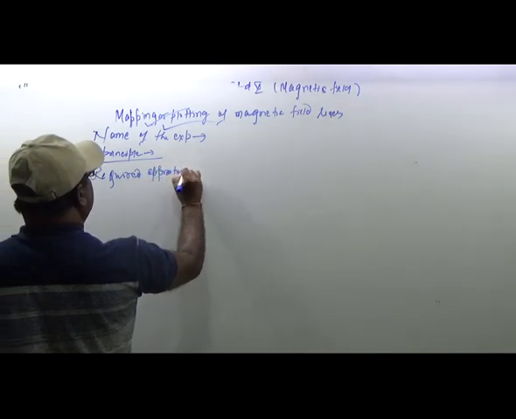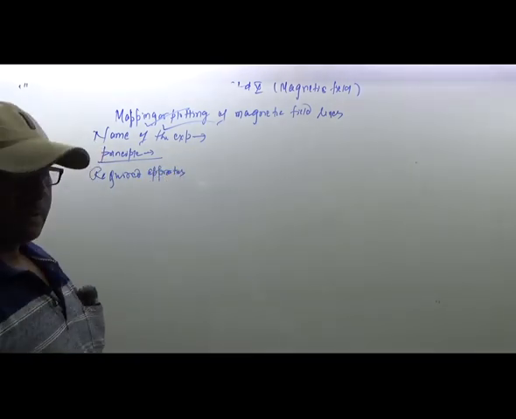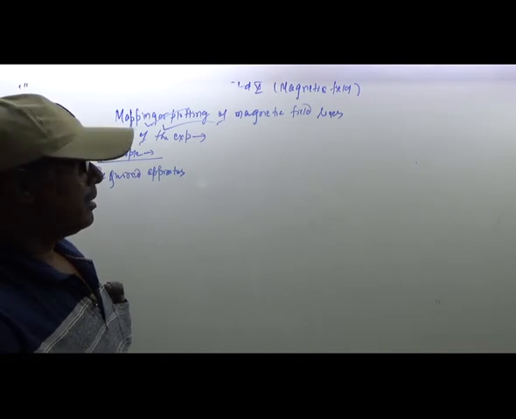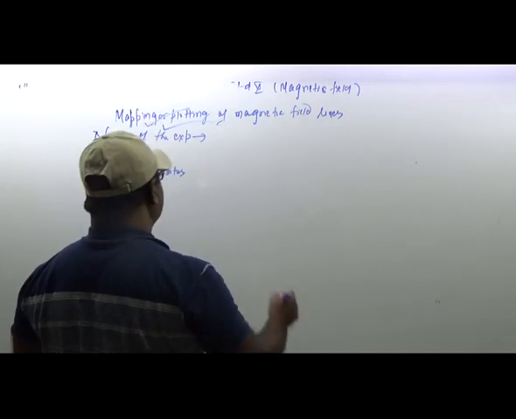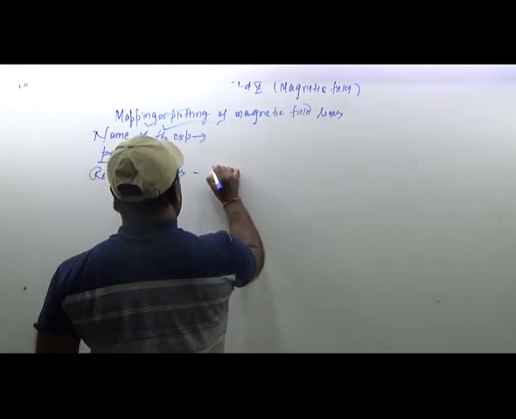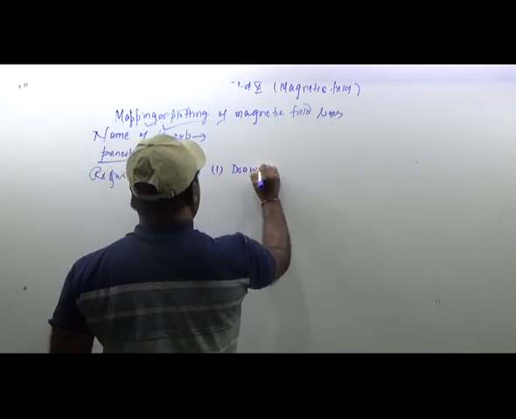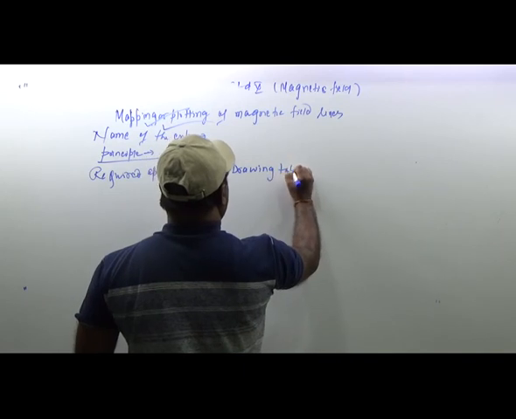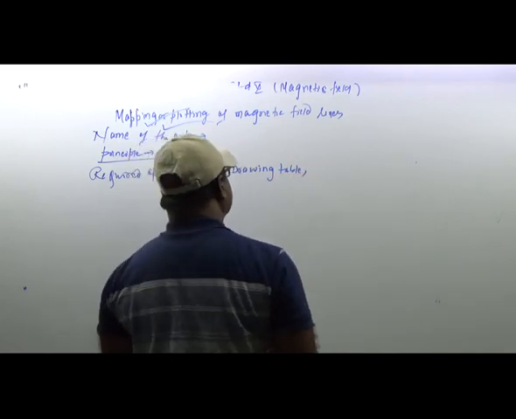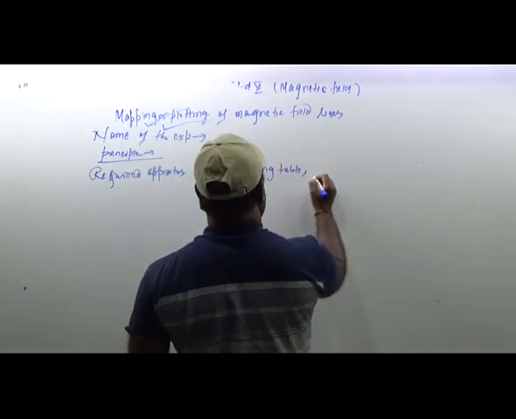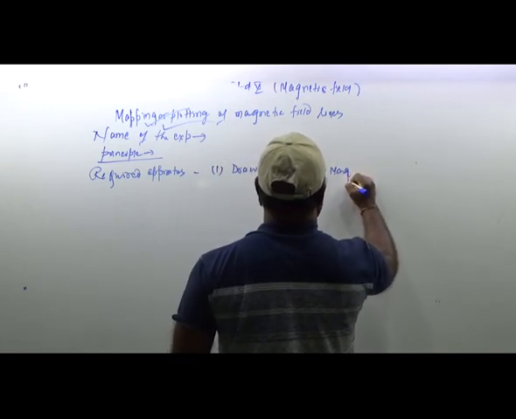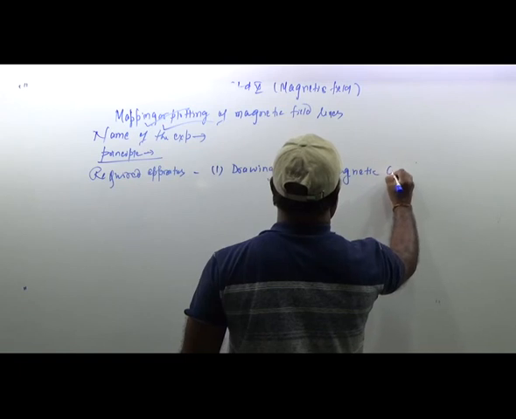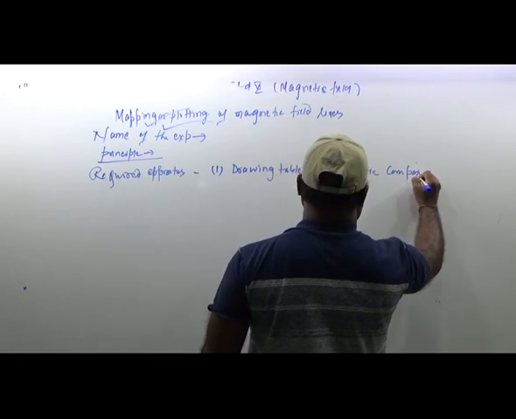Required apparatus में क्या लेना है? आपने ड्राइंग टेबल देखा होगा. There is a drawing table. Alright. There is a magnetic compass.